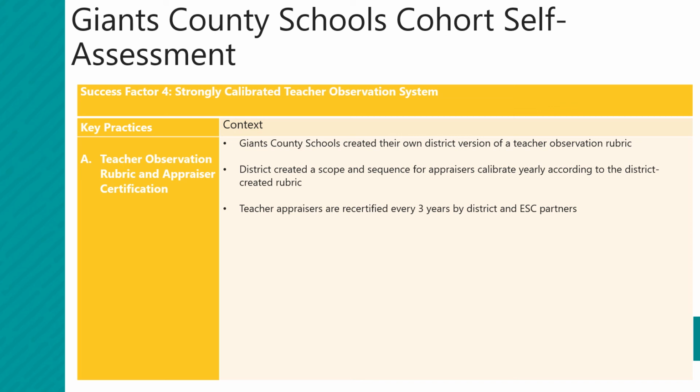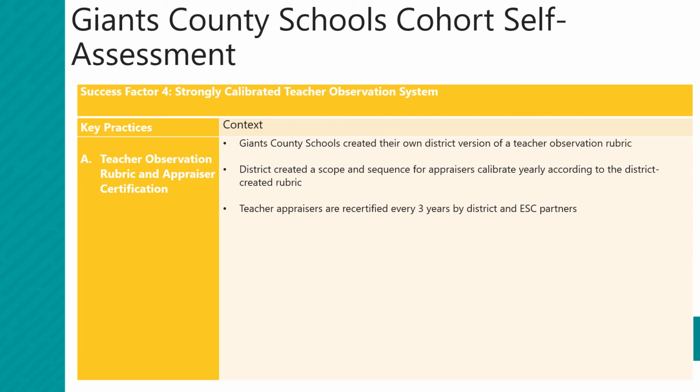The district also created a scope and sequence for appraisers to calibrate yearly according to this district created rubric. And then teacher appraisers are recertified every 3 years by the district and ESC partners. So you calibrate yearly. You are getting recertified as an appraiser every 3 years, and the district has its own teacher observation rubric that they created.